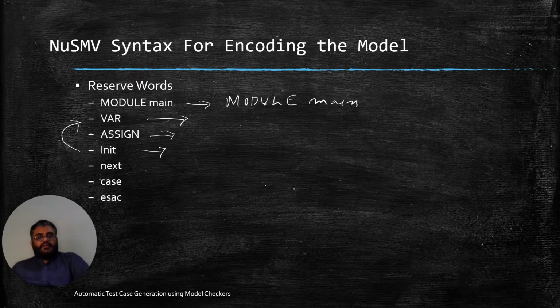Then, as we discussed, there are two functions. One of them is the transition function, which we denote by delta, and the other is the output function, which we denote by lambda. Both of those will be coded in terms of the next function, which basically tells what the value of the next state is going to be, given a certain current state and the input symbol read from that state.